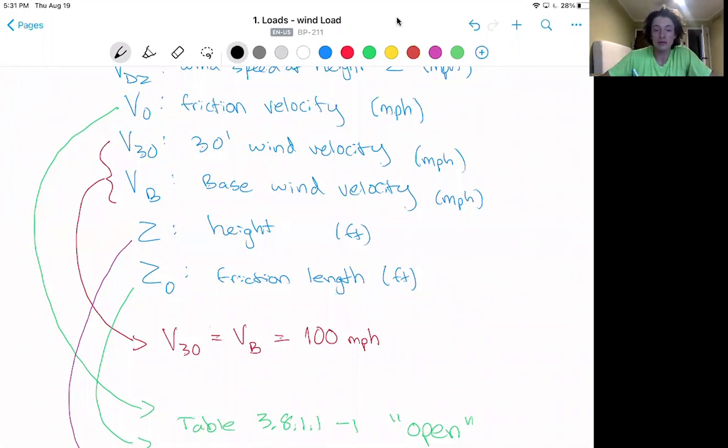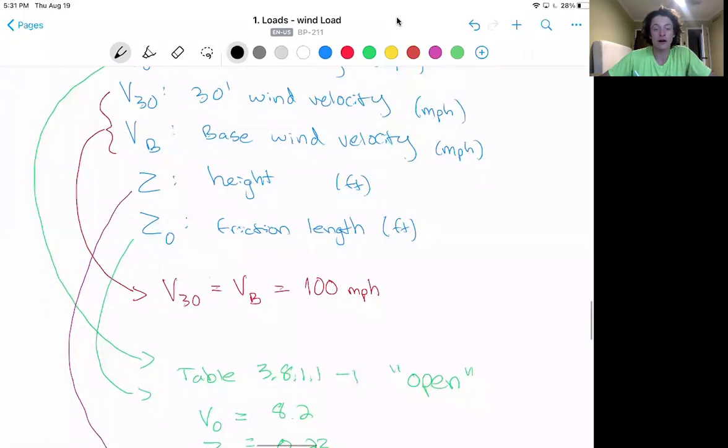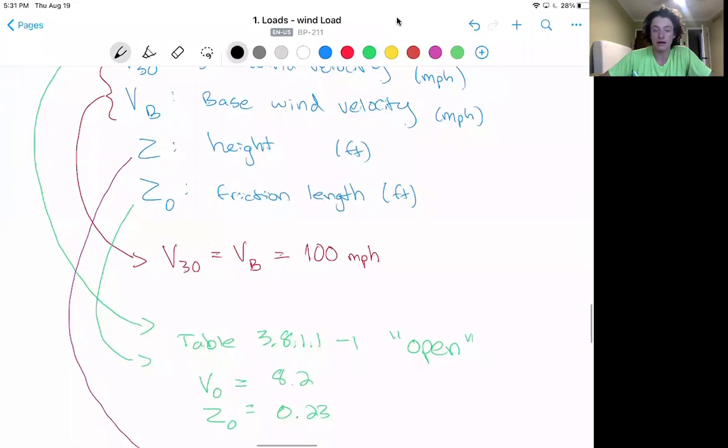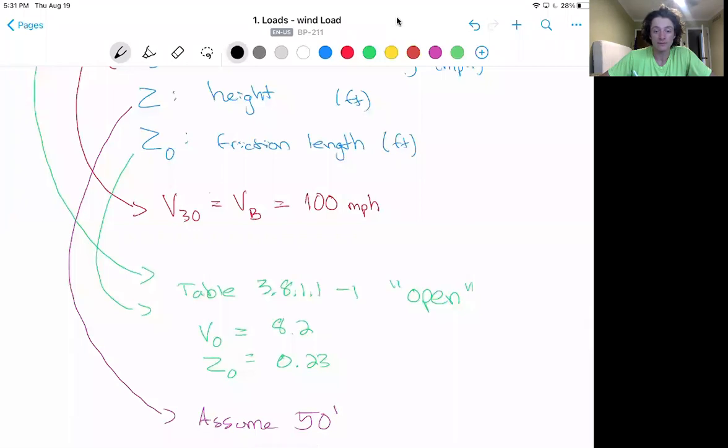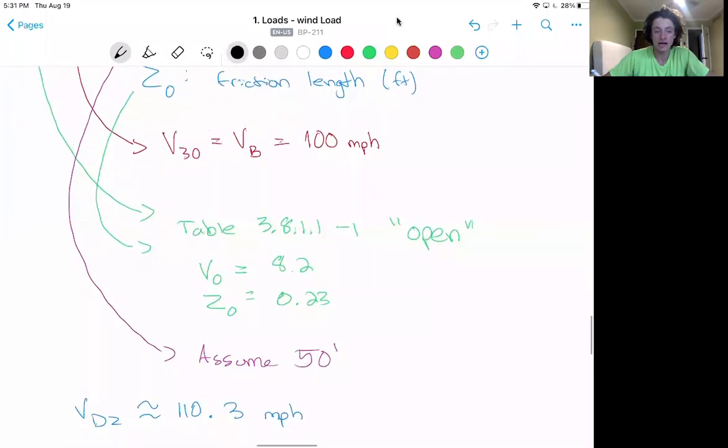And then we'll use table 3.8.1.1-1 in the open category, which is the worst case scenario, to get our numbers for V0 and Z0, 8.2 and 0.23. We'll assume the same height as the previous section, about 50 feet.